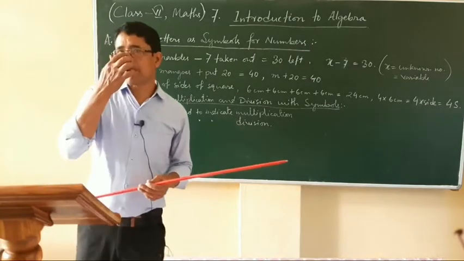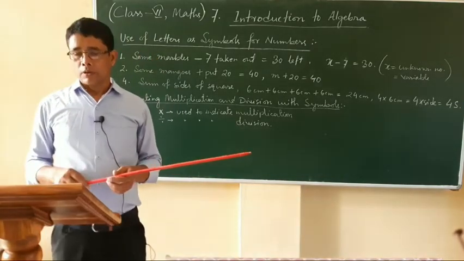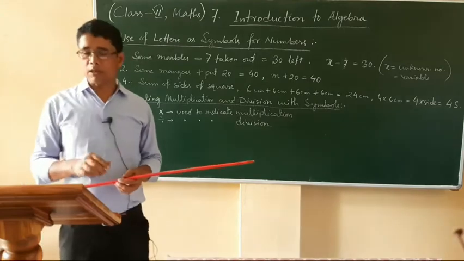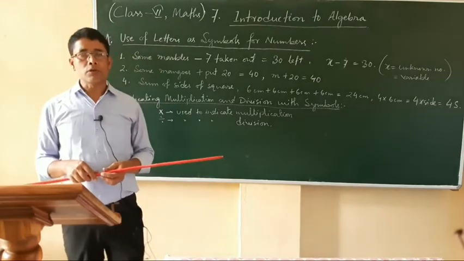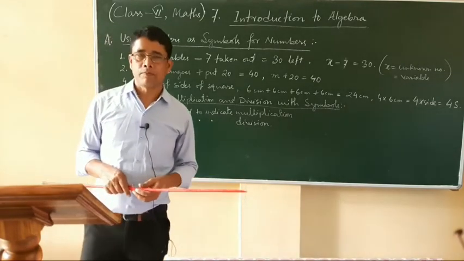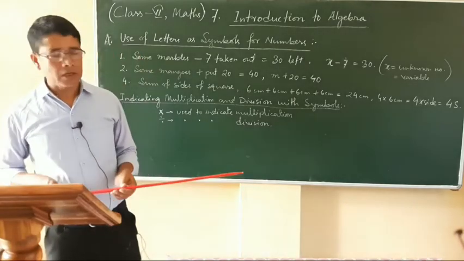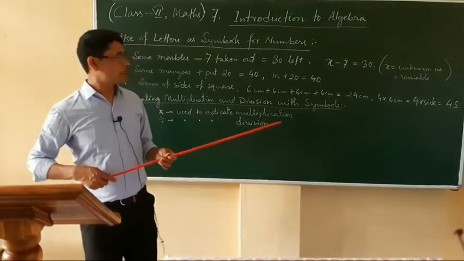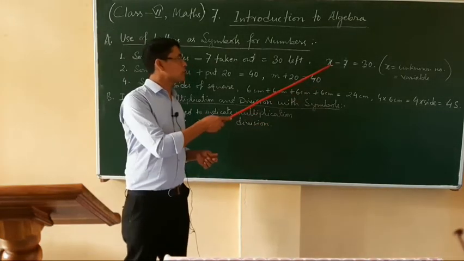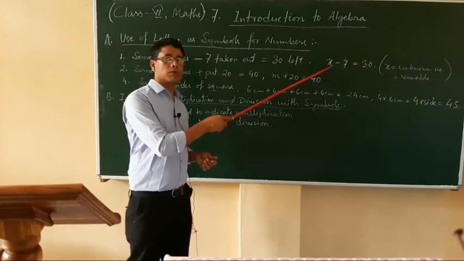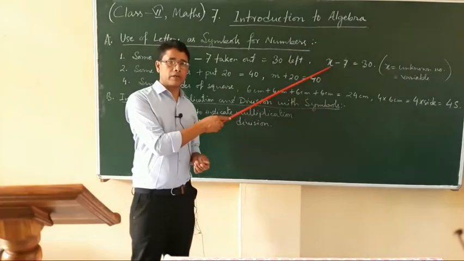But in algebra, the multiplication symbol is not used very often. The reason behind that is, as you have seen in algebra, mostly we use x in place of a symbol as a variable.